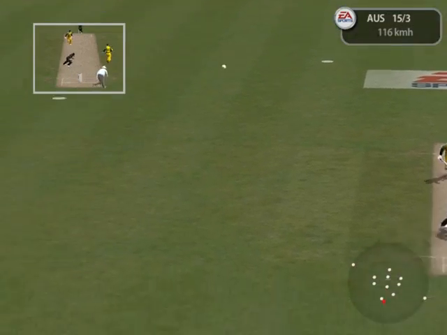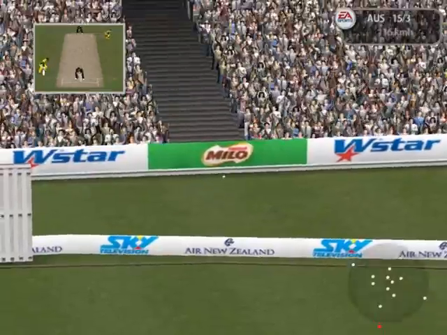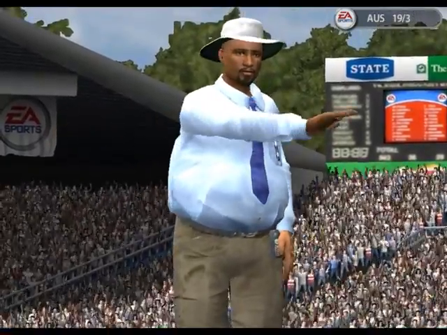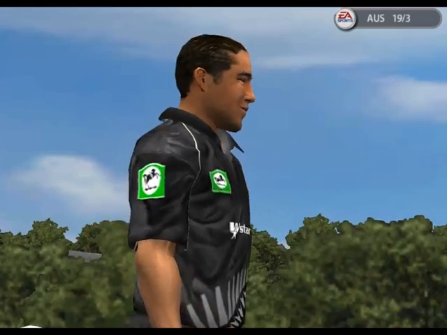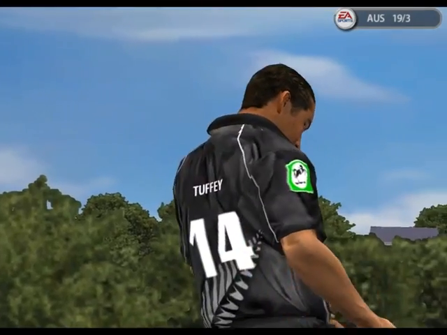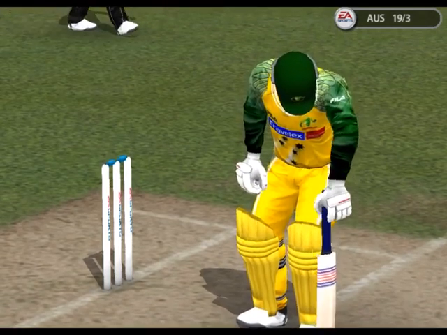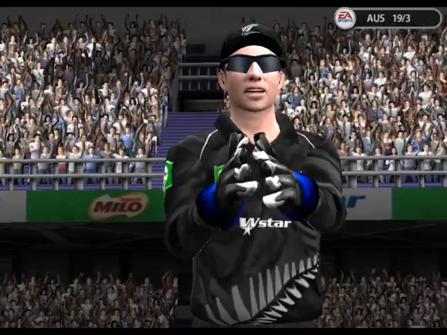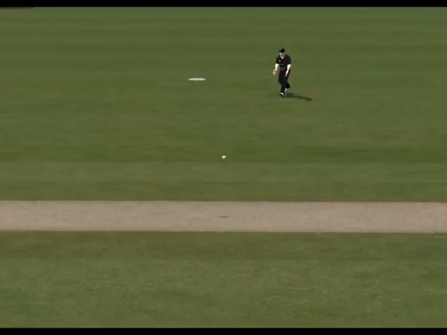Astol is chasing that one. Shot, that is beautifully played. Tuffy is headed straight to his mark after that one. That looked like 4 the moment he struck. Let's see the action replay of that.